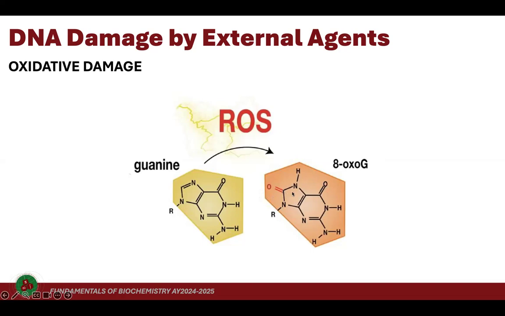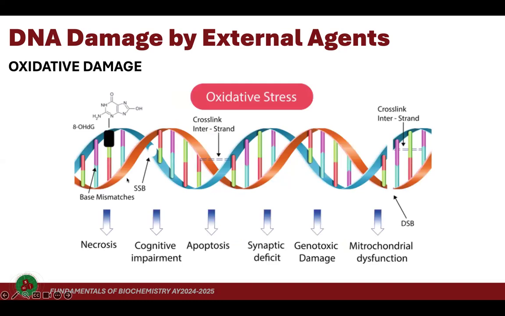So there you have the carbonyl functional group. So that's your 8-oxoguanine. You can have base mismatches because of this oxidation of your nitrogenous bases.